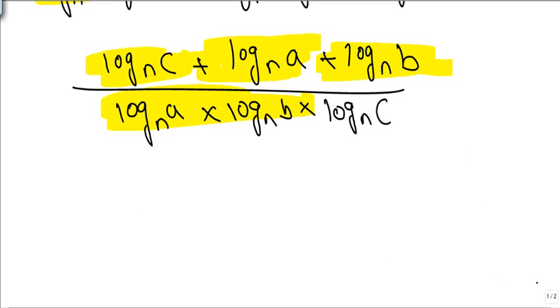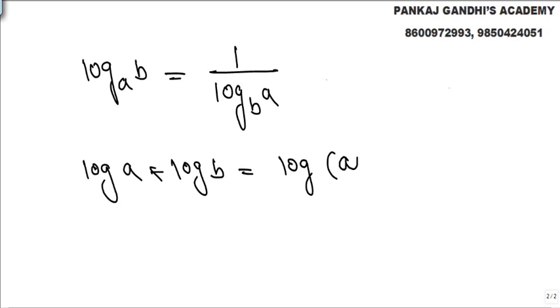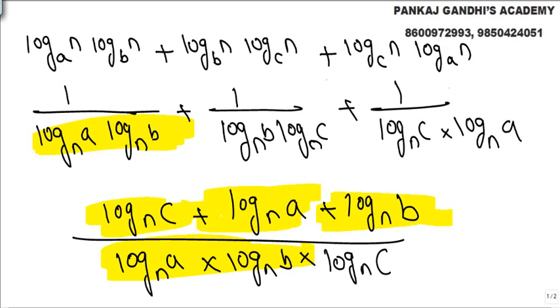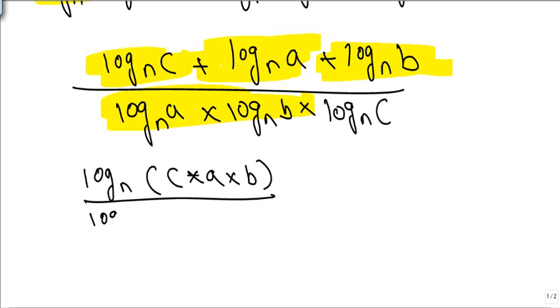Now the basic thing, properties of log. Furthermore, what properties do we know? Log a plus log b is nothing but log ab. That's what we know very well. So now what can be used here is log to the base n of c into a into b upon log to the base n of a into log to the base n of b into log to the base n of c.